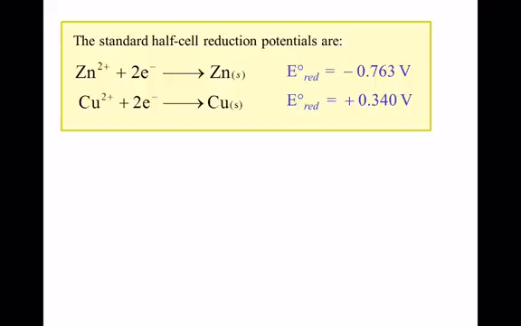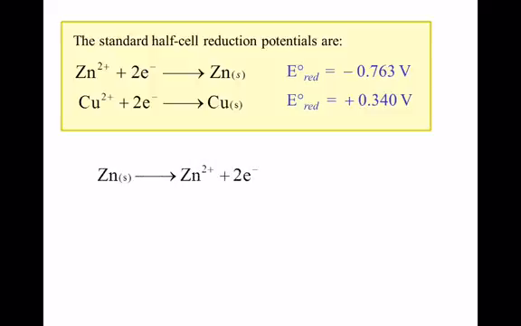Based upon what I said, we leave the one that's the highest. The positive and negative count here. It's not the absolute value, it's the highest. So we leave copper as reduction, and we swing zinc and make it oxidation.